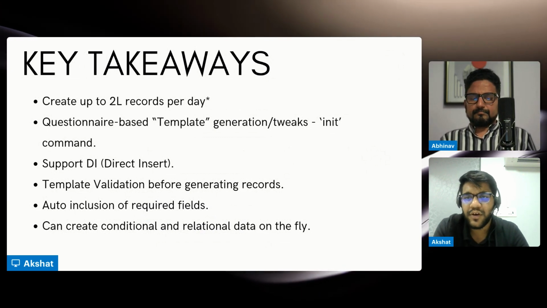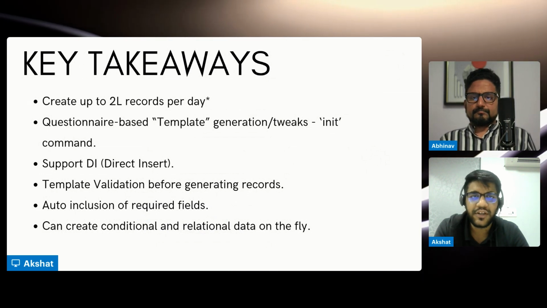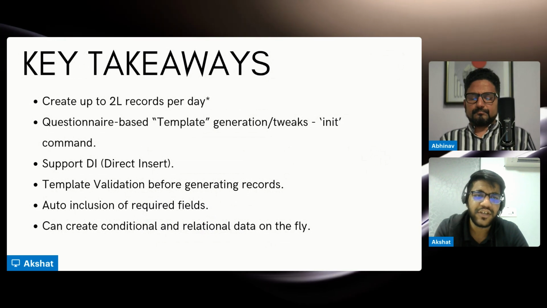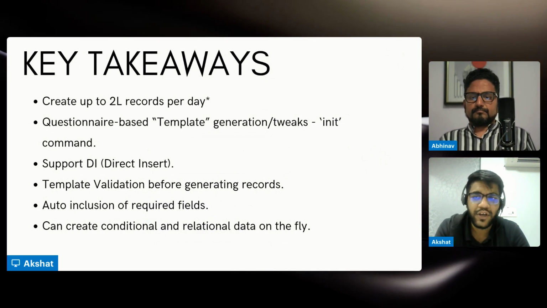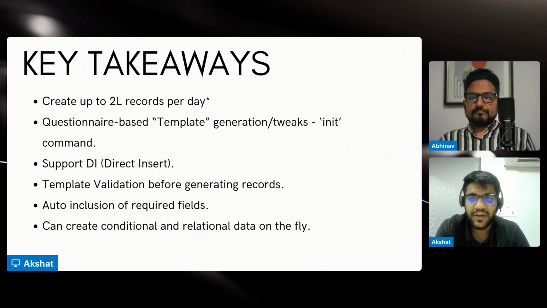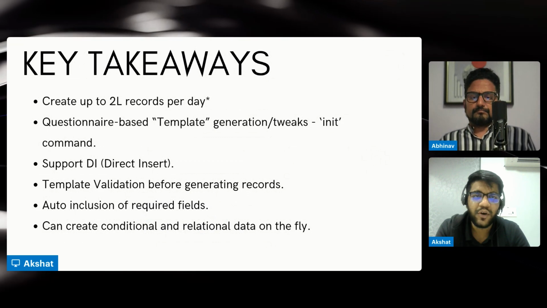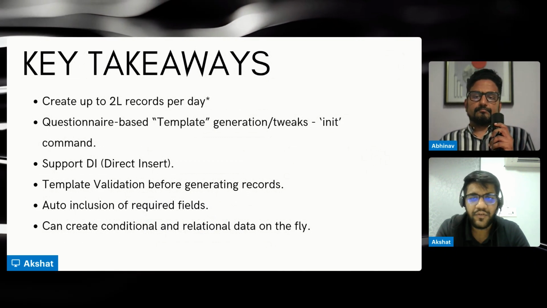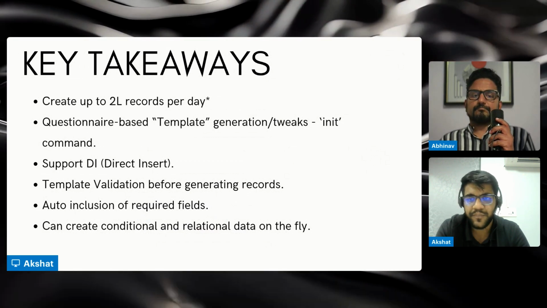And also we had this template questionnaire where we were able to generate the template, which would be showing up next, on how you can generate these templates and also tweak them according to your needs. And also we are supporting direct insertion here. As you just saw, all of these values were not only giving us files like JSON as well as CSV, we were able to generate data directly into your Salesforce org.